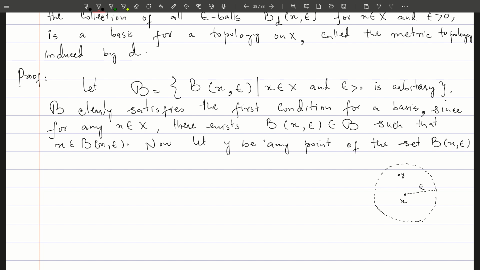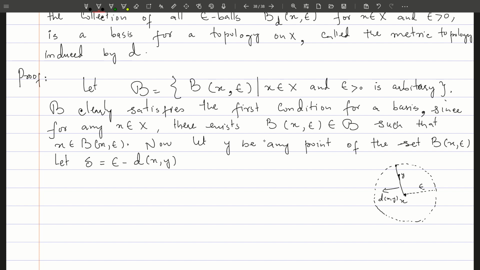Now what we do, we choose delta. Let delta be equal to epsilon minus the distance between x and y. So this over here is d(x,y), and this is the epsilon from x to this boundary.